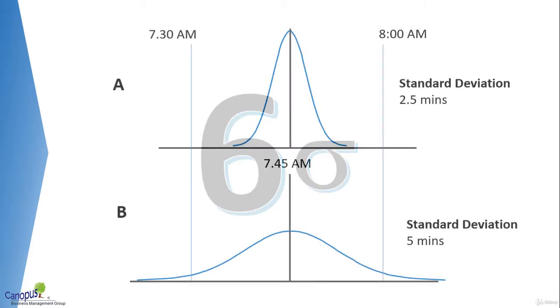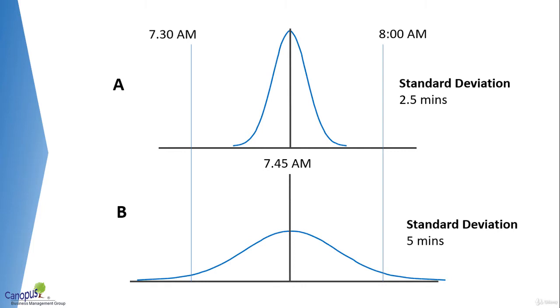Let's now take two scenarios, scenario A and B. In scenario A, the variation, or in other words, the standard deviation of the process is very less. It's only 2.5 minutes.